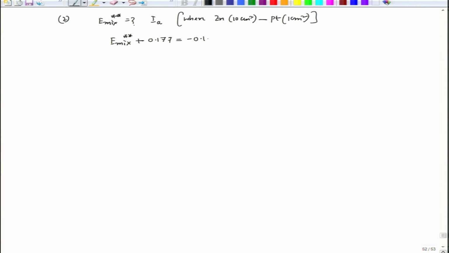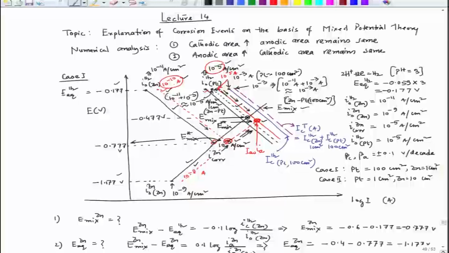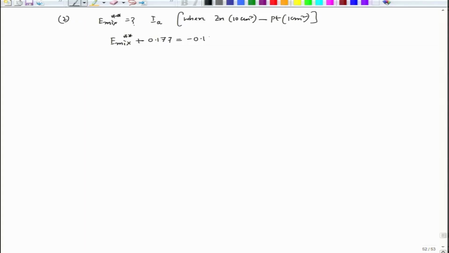At the same time, at this point the current corresponding to the total evolution of hydrogen is equal to the total current corresponding to the dissolution of zinc. So, log of IA, and here I0 total is nothing but minus 5.